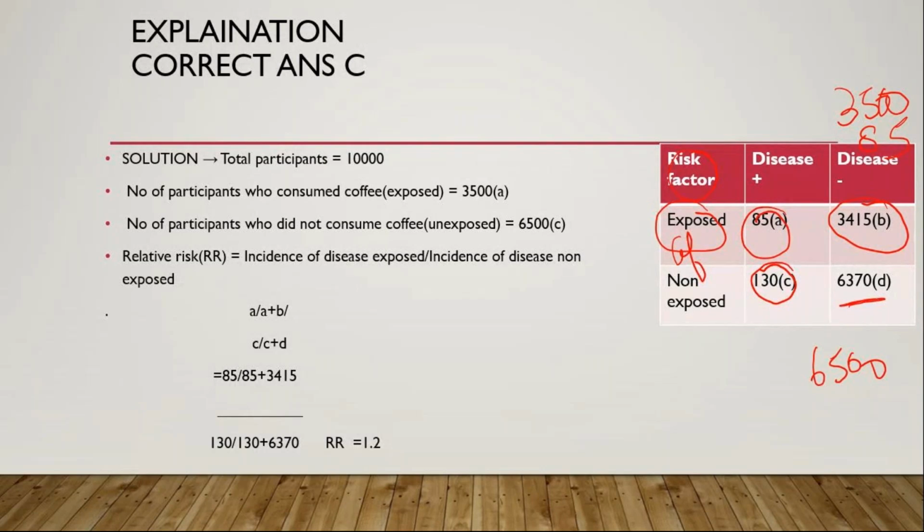So it is A upon A plus B divided by C upon C plus D. Put the values here and solve the question. Calculator will be provided to you. So it is 1.2. I hope the answer is clear to every one of you. Please reply. Yes, ma'am. Dr. Afroz, it is clear to you also. Yes, ma'am.